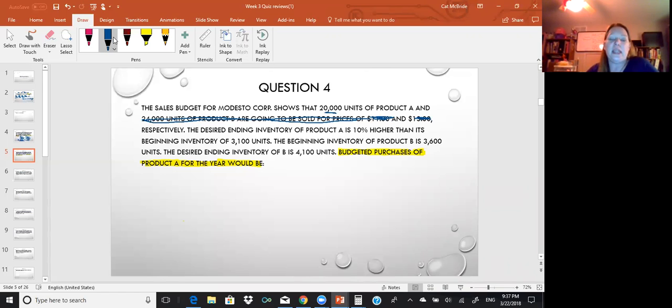The desired ending inventory of product A is 10% higher than its beginning inventory of 3,100 units. The beginning inventory of product B doesn't matter, and the desired ending inventory of B doesn't matter either.